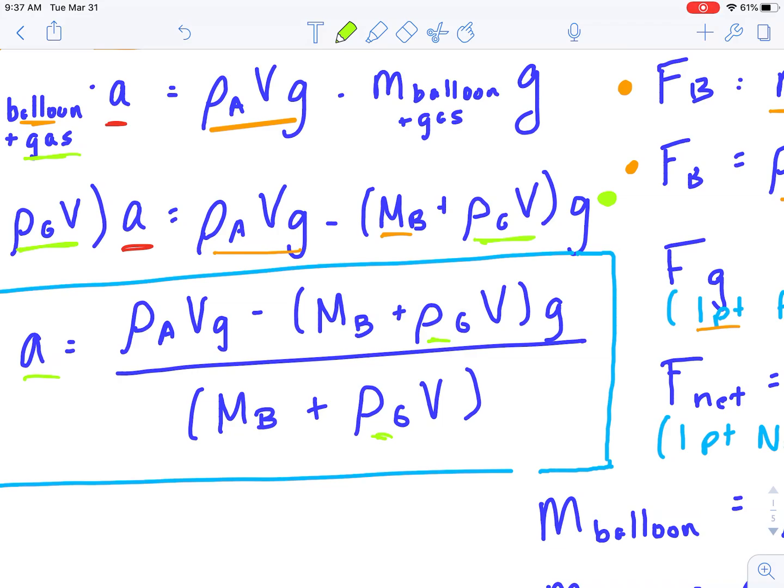So one thing that we could change in order to determine rho sub g is we could determine the acceleration of the balloon. If we were to change the acceleration of the balloon, that would go with the changing density of the gas. So if you think about the balloon, depending on how full it is, that's going to change the density of the gas inside.